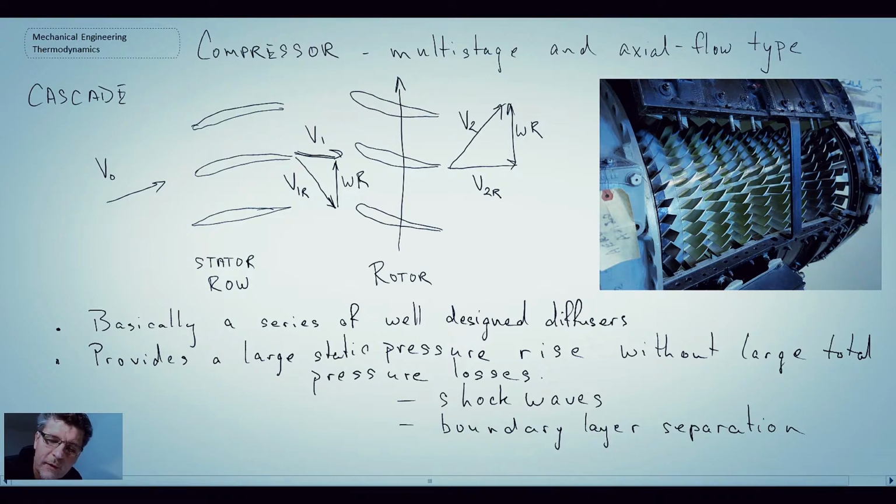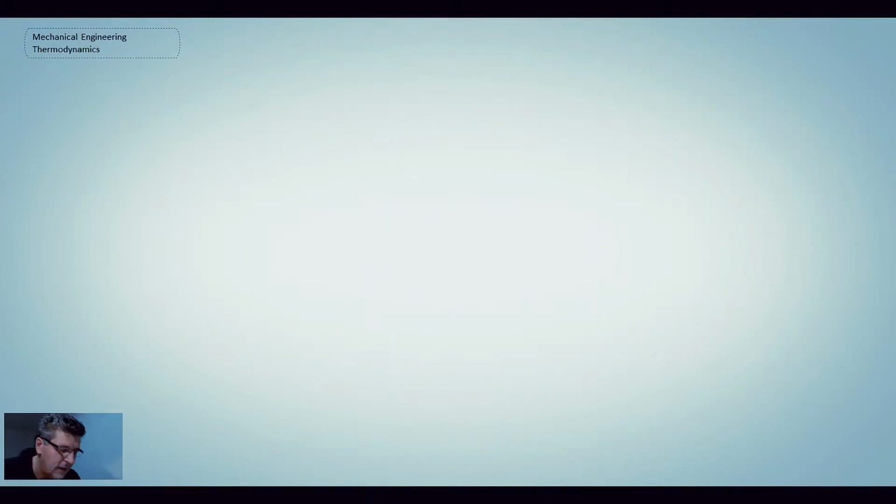The next thing we'll do is move on into the combustion chamber. The combustion chamber takes the high pressure air that was coming out of the compression stage, and we mix it with fuel, and then we initiate combustion.